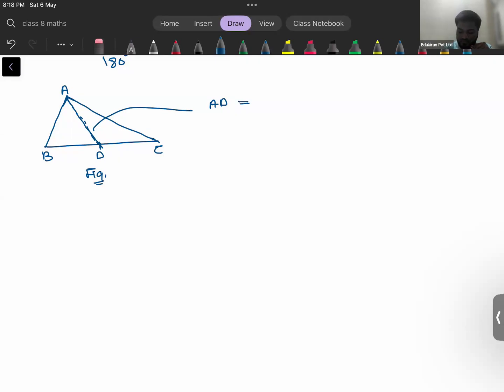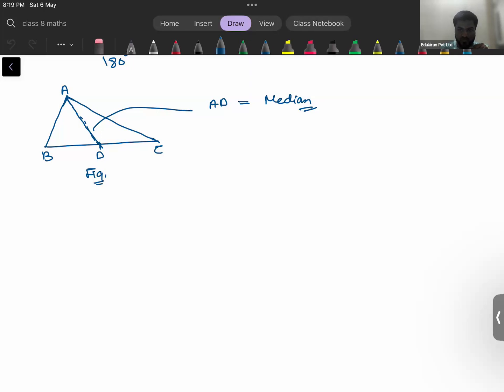Here AD is a median. You must have studied earlier that the line which joins the midpoint of a side and its opposite vertex is called a median.